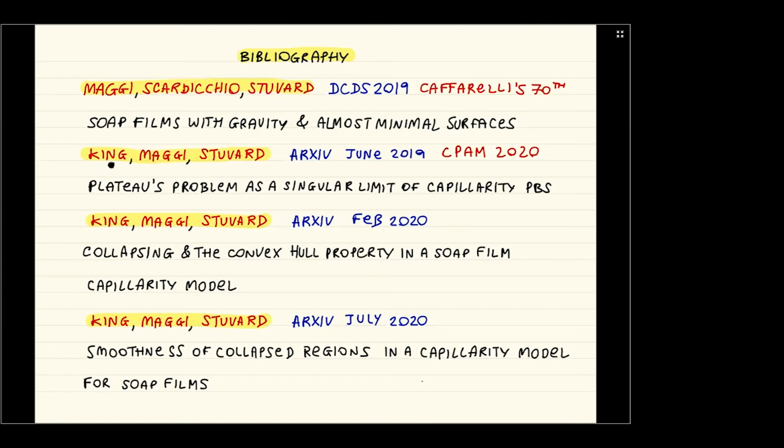Then the paper with my student Darren King and Stuvard, which appeared in Communications on Pure and Applied Mathematics, is the paper where we build the existence theory and the basic regularity theory. And then there are these other two papers. In the third one, we prove the smoothness of the collapse region. And in the first one, we prove this negativity of the Euler-Lagrange multiplier and the convex hull property. So I think that I have used my time. So I will thank you and stop here.